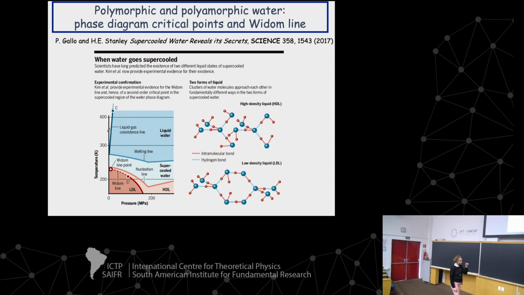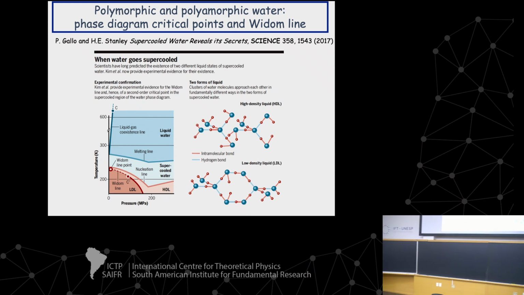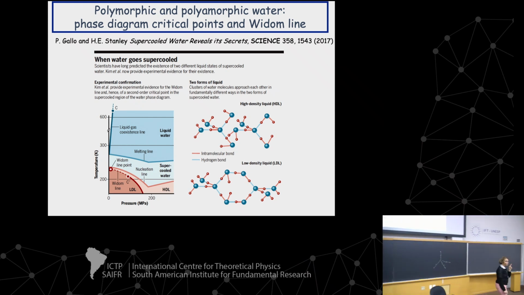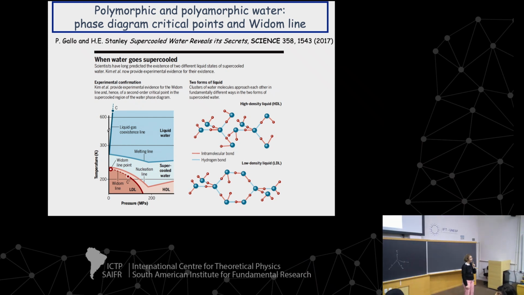But as I told you, there was indirect confirmation through measures of a Widom line and through measure of a first-order phase transition between high-density and low-density liquid below the liquid-liquid critical point. These are the work of the group of Anders Nilsson in Sweden, and are two Science papers, 2017 and 2021, if you want to go read them.